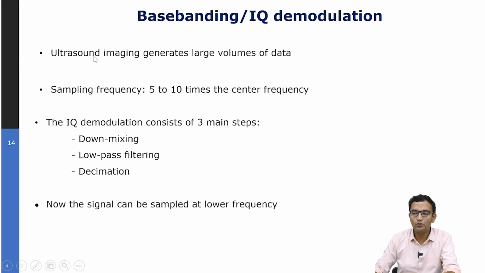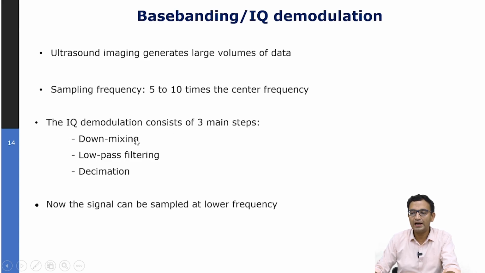So this is where we use a trick which is called basebanding or in-phase quadrature demodulation. You may have heard of IQ data. This is also used in communications, and this technique is essentially borrowed into ultrasound from communications theory. So IQ refers to in-phase and quadrature data, and I'll explain what this does. So this process of IQ demodulation consists of 3 steps.